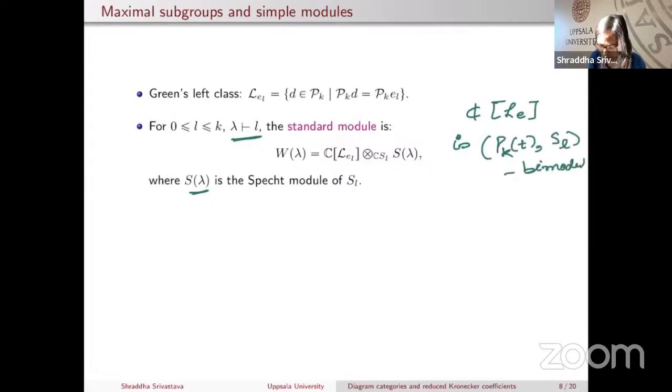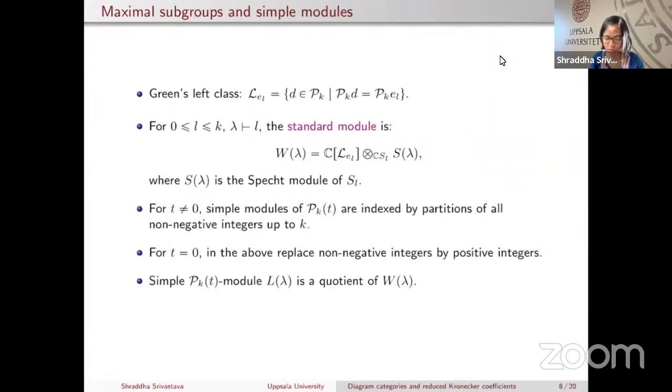So if we tensor any representation of SL on the right, then the resulting thing will give a module of the partition algebra. This module is called a standard module, and a simple module is going to be a quotient of this module. If the algebra is semi-simple, in that case, this will be a simple module. Otherwise, if it's not semi-simple, then it's a quotient of the module.